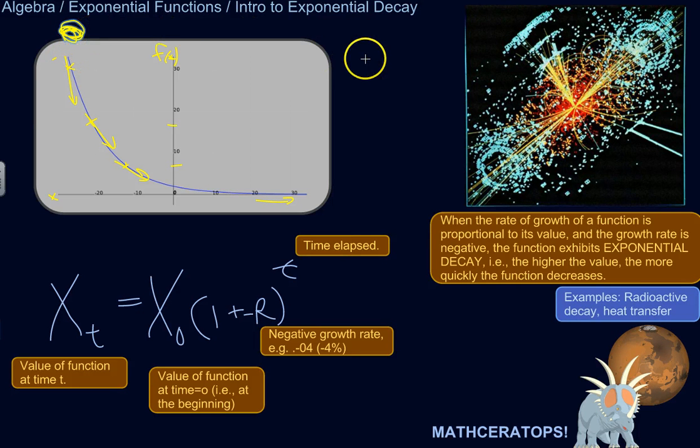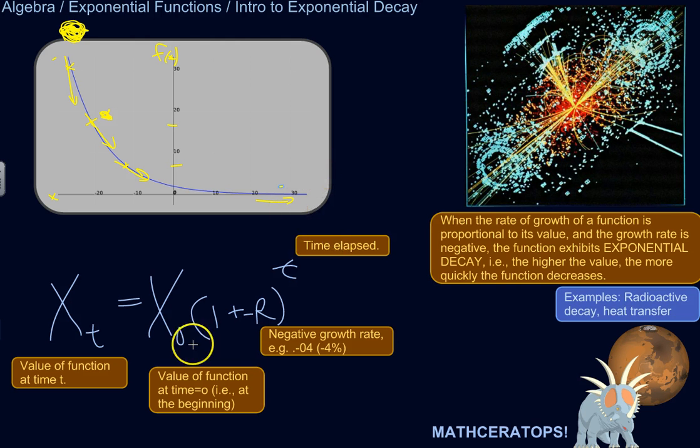Anyway, it decays to the byproduct element, right? So there's a bunch of mass there, and it's decaying very quickly. Now it decays to this point, and it's decaying more slowly. And when there's just barely any of the original amount left, it's decaying very, very slowly.